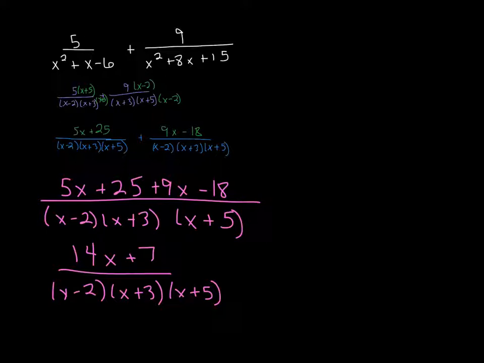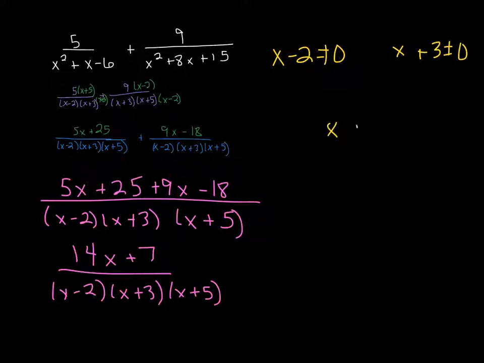We do, however, need to go find our excluded values. And you can use your common denominator to do this. So x minus 2 cannot equal 0. X plus 3 cannot equal 0.